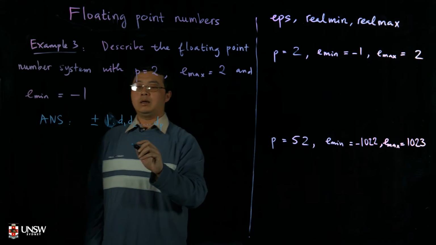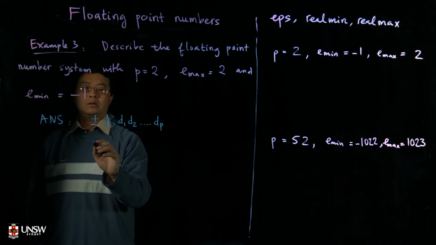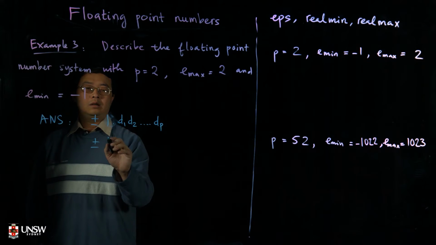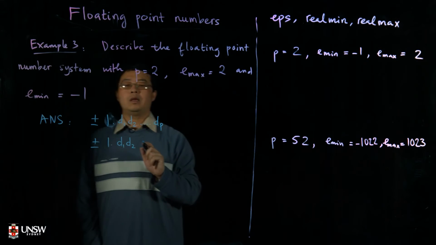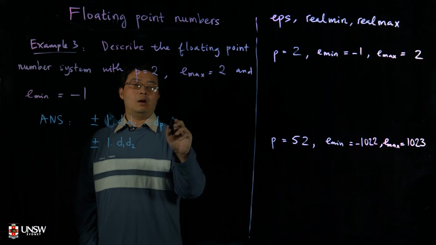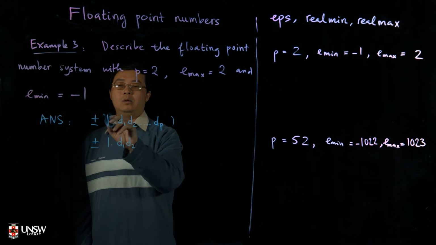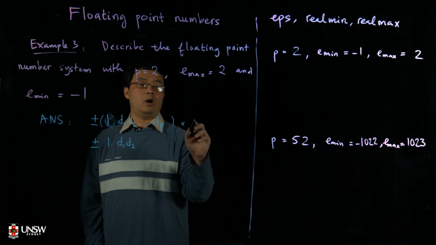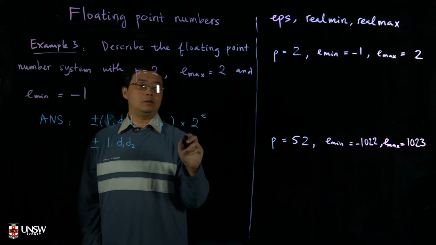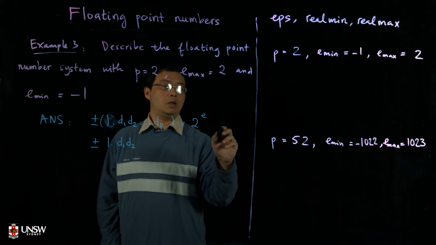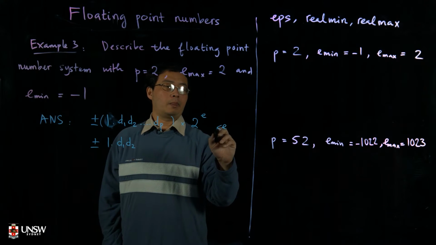In our case, because P equals 2, we have only D1 and D2, okay? Then there's a power E, and E is between Emin and Emax.